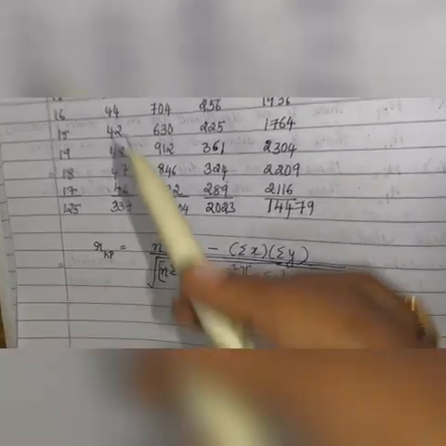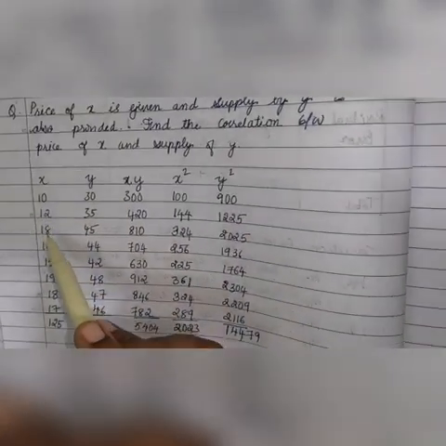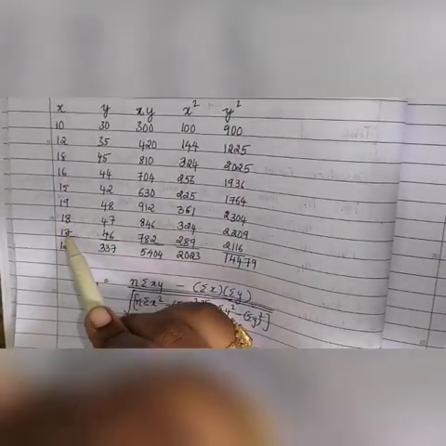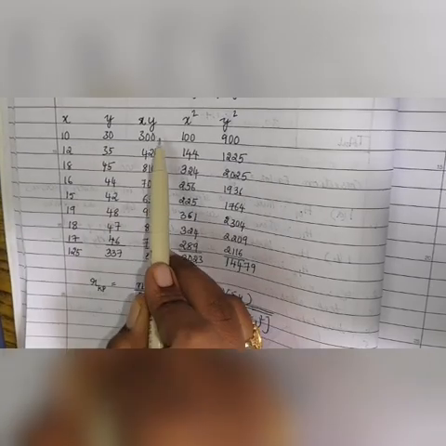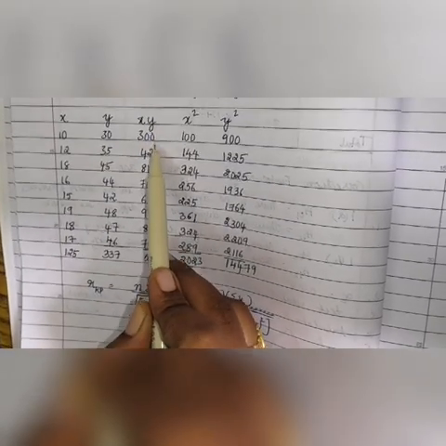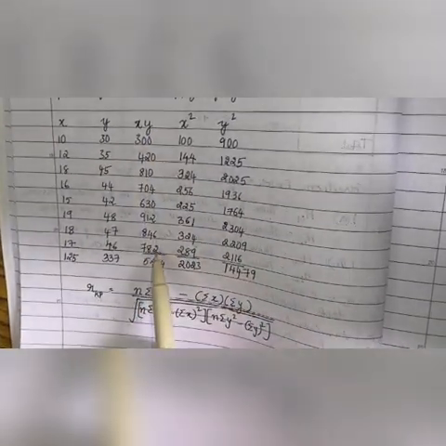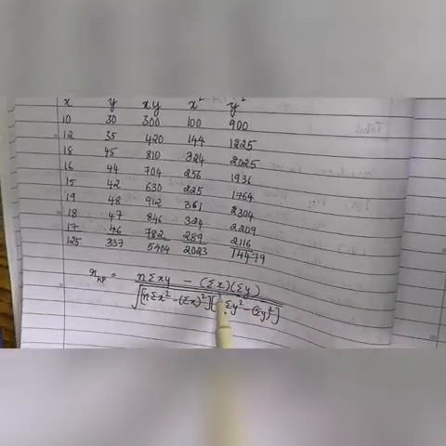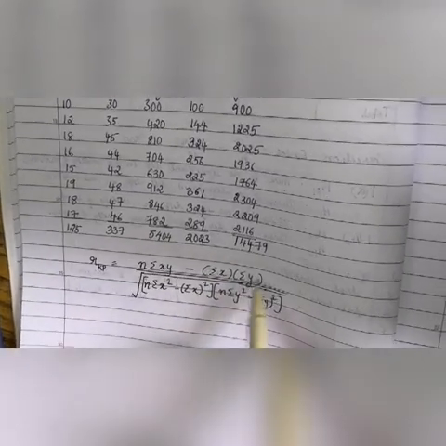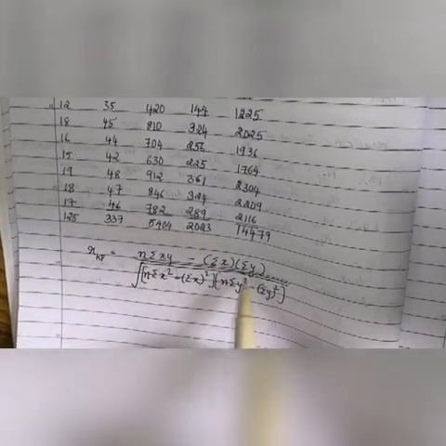N is the sample size, so n is equal to 1, 2, 3, 4, 5, 6, 7, 8. N is equal to 8. Then they are asking for summation xy, so you have to multiply x and y. I have multiplied here and summated the values, minus summation x into summation y. So summation x and summation y have to be calculated separately.